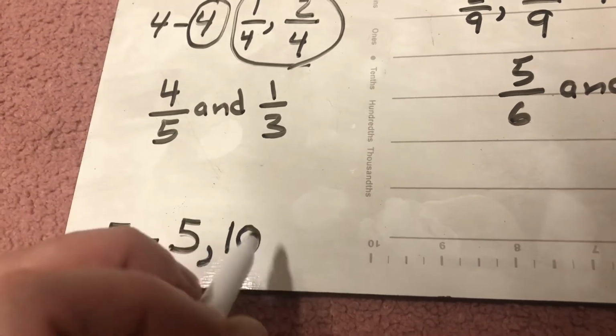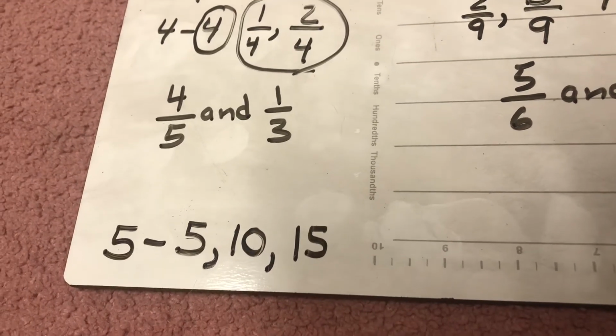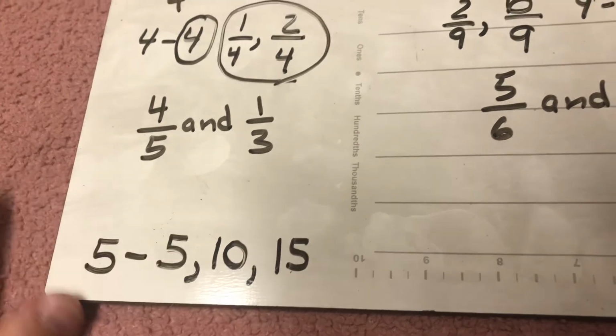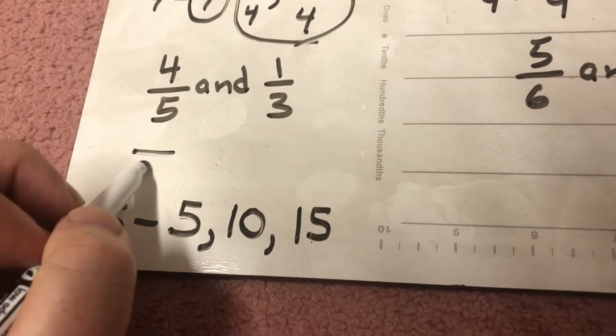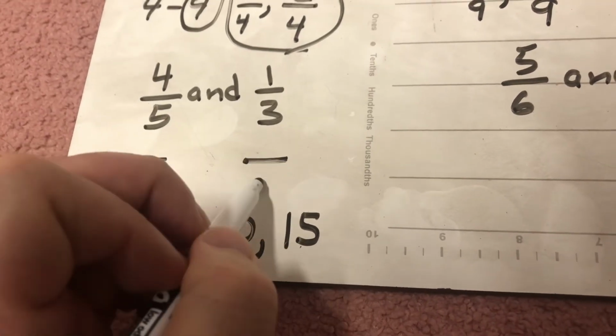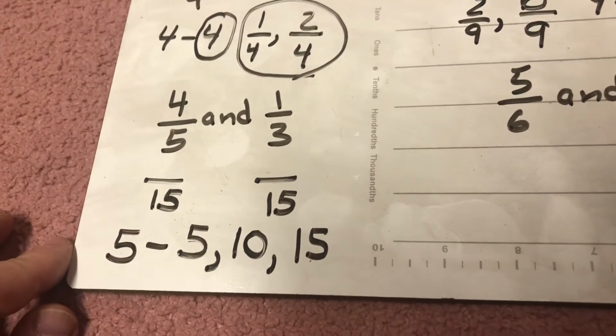So I think 5 times 3, well, 5 times 3 is 15. And sure enough, that will work because 3 times 5 is 15. So this one's a little bit different in the sense here now that I've got to change both of these. This 4 over 5 is becoming something over 15. This 1 over 3 is becoming something over 15.